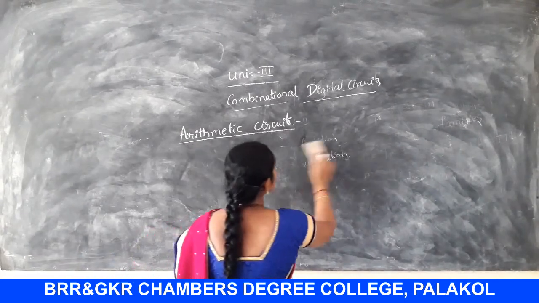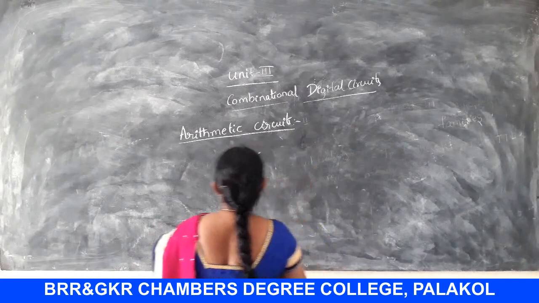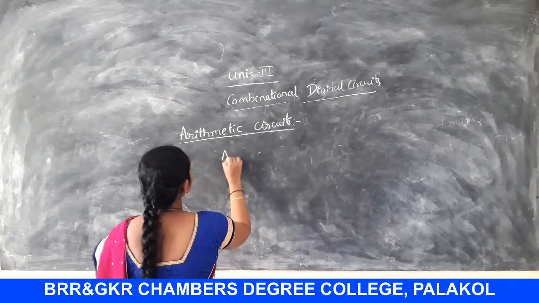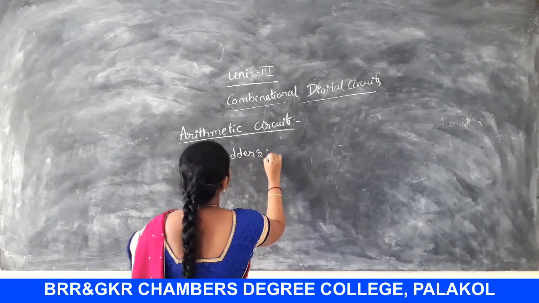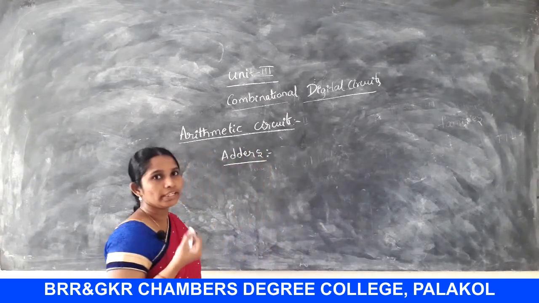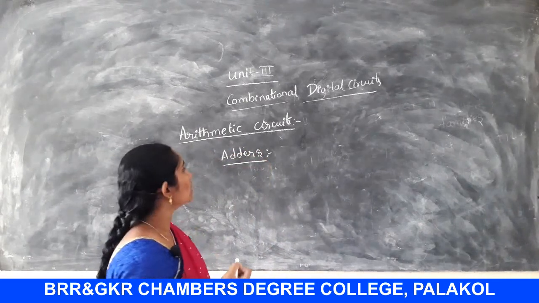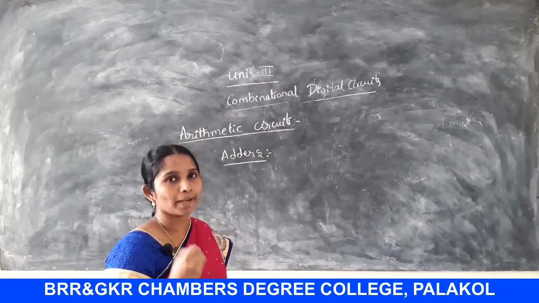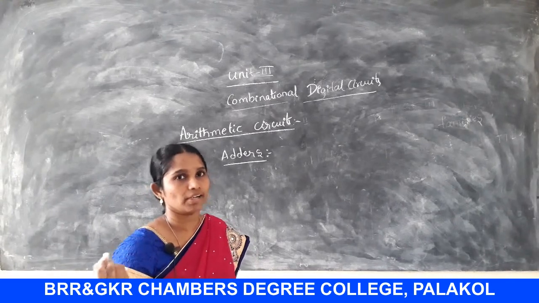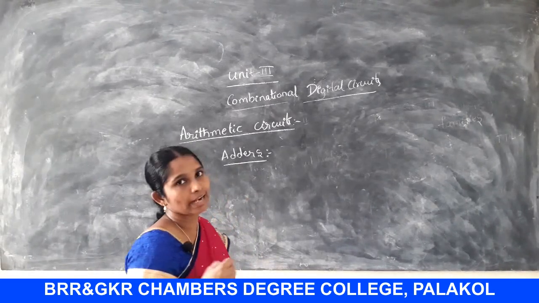Okay, so now the first one is adders. An adder is a circuit which will add binary numbers. Those binary numbers are zeros and ones. That is nothing but adders.